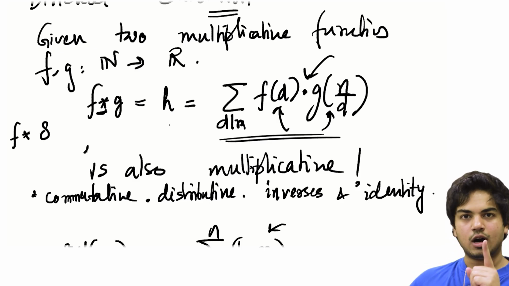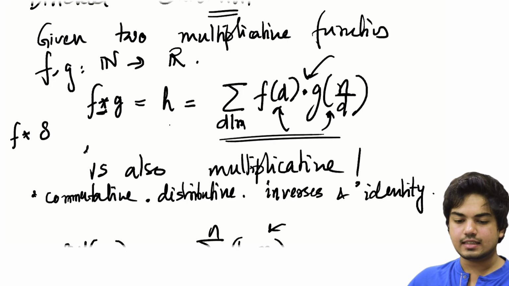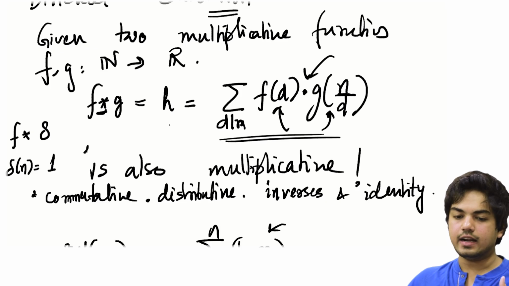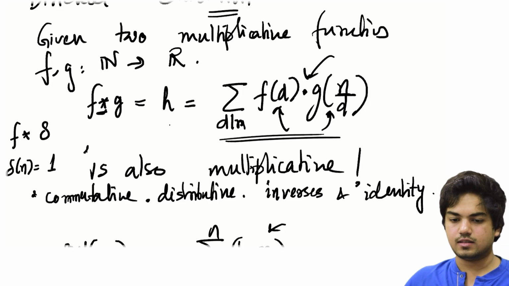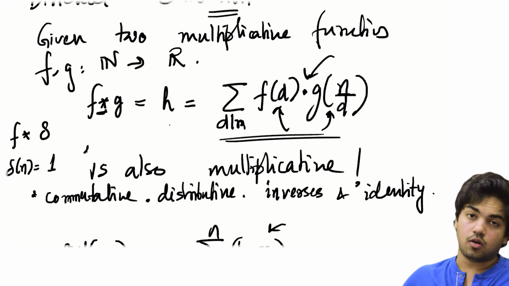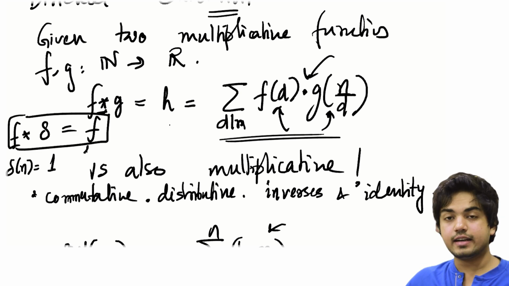So delta is a function where delta of n is equal to 1 at n equals 1, and it is 0 everywhere else. So it just peaks at a single value and is 0 everywhere else. This is the identity. If I convolve it with any function, I'll just get the function back. So this functions as the identity.